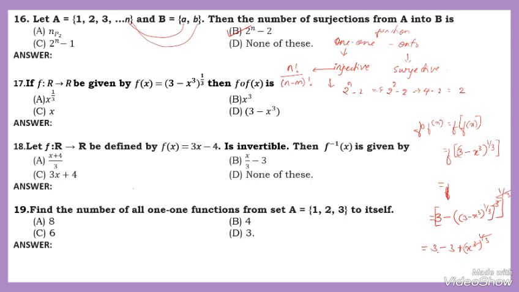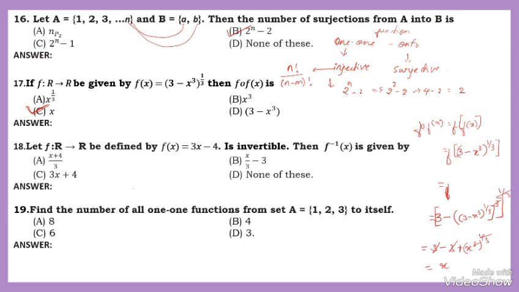The 3 minus 3 cancels, and again we are left with the value x. The answer is x, which is present in the options. So for question number 17, f of f of x is x itself.